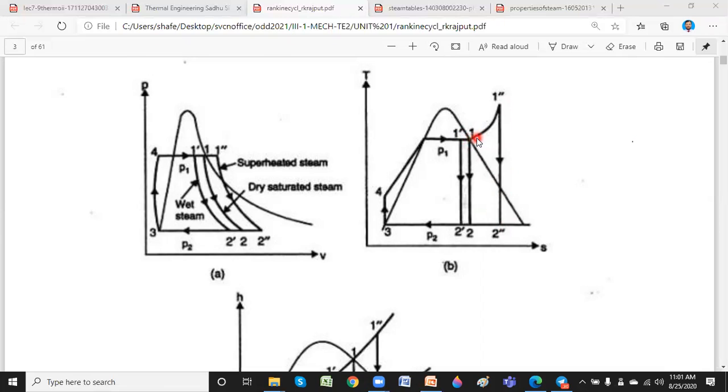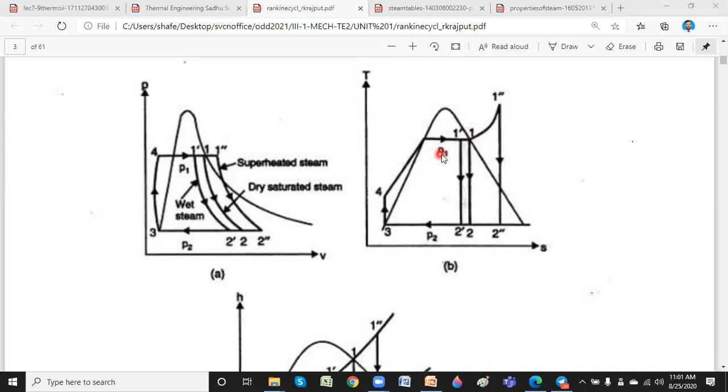There is a possibility that while expanding, it loses its temperature, and the water particles may damage the blades of the turbine. So obviously, you always keep the steam expanding in the turbine dry saturated or superheated only. So avoid wet expansion in the turbine to safeguard the blades of the turbine.